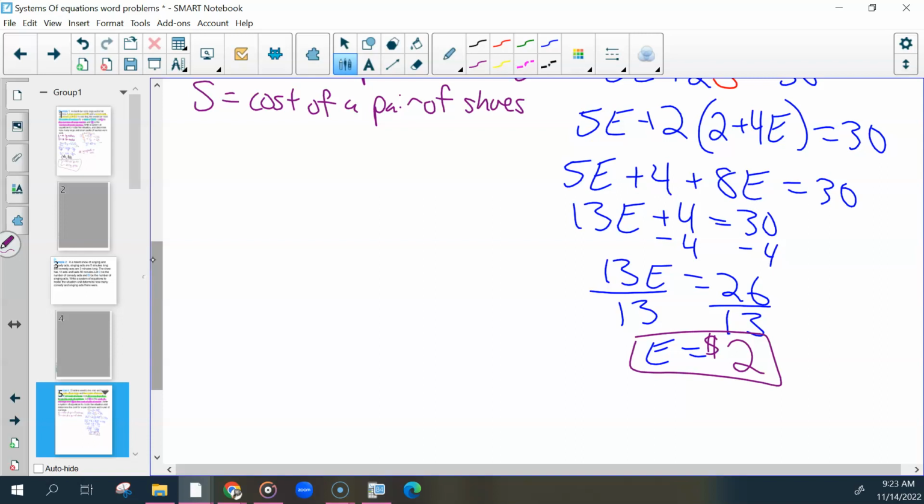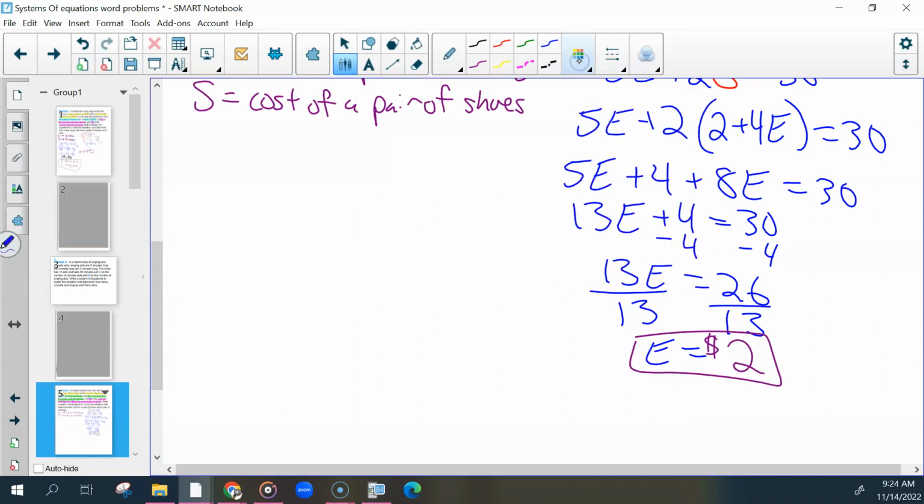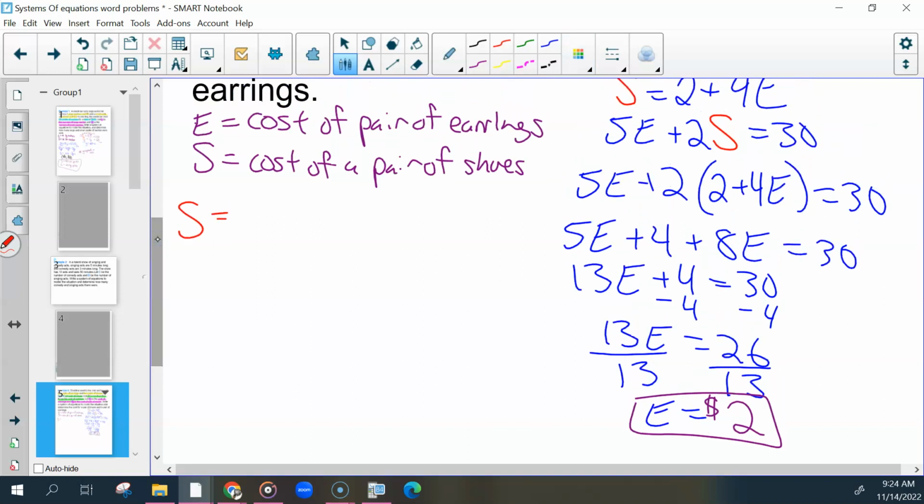Then we can use that to find our S. I'm going to use the equation we found, S equals 2 plus 4e, but we know e is 2, and solve.